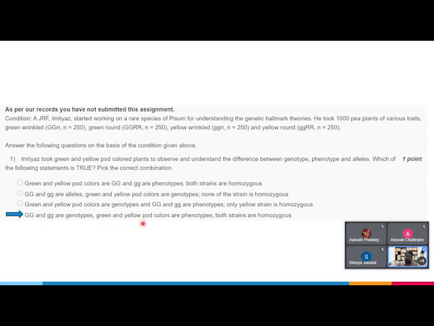Green and yellow pod colors, which are observable traits, are the phenotypes. And both the strains are homozygous because capital G capital G is homozygous dominant, and small g small g is homozygous recessive. Both are homozygous because both are the same type of allele, dominant or recessive. So that was that question, and now we move forward.